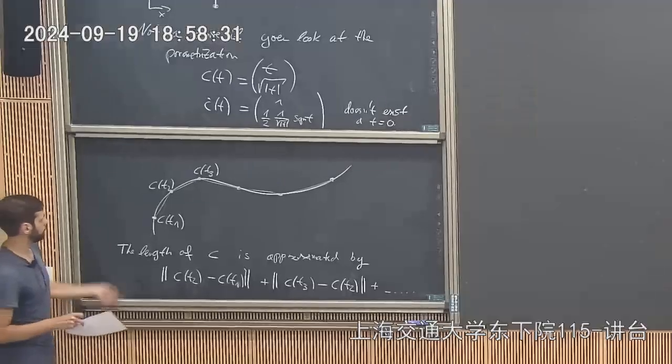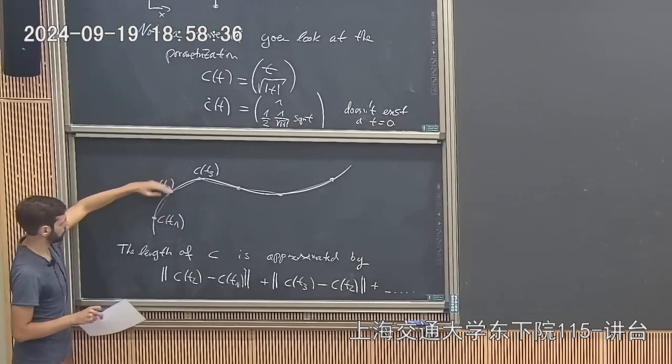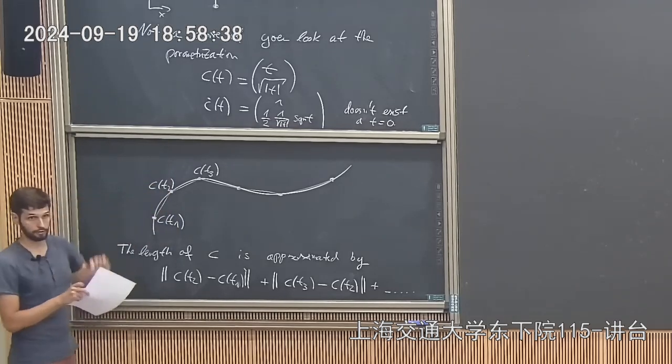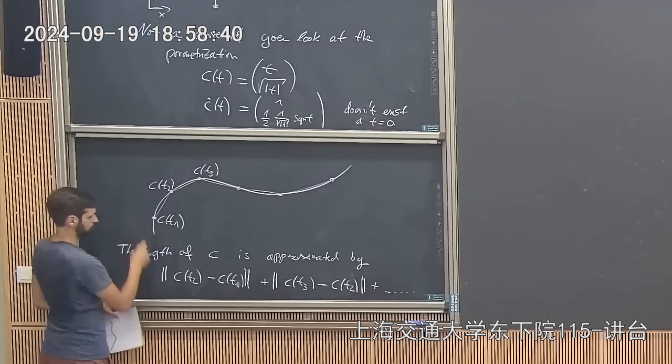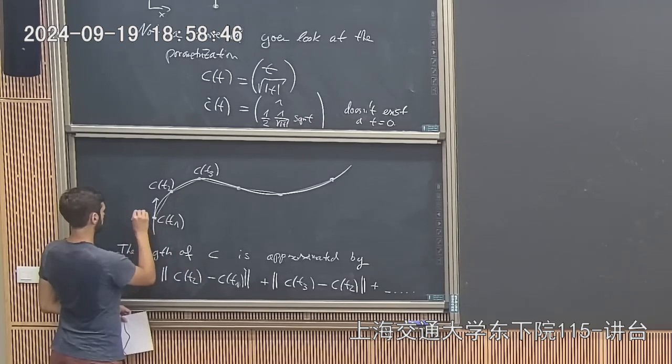And the point here is that if you make T2 approach T1 very closely, this vector, which is the difference between these two, is very much approximated by the derivative, which is going in this direction.